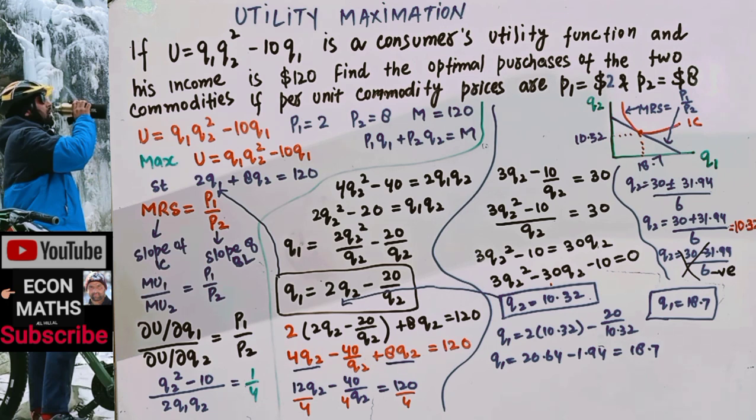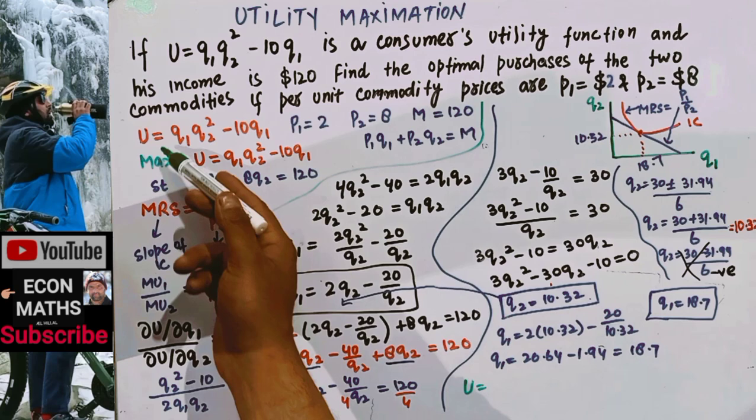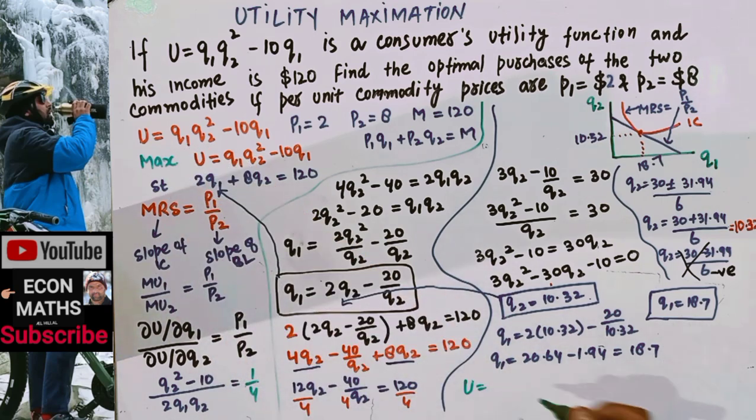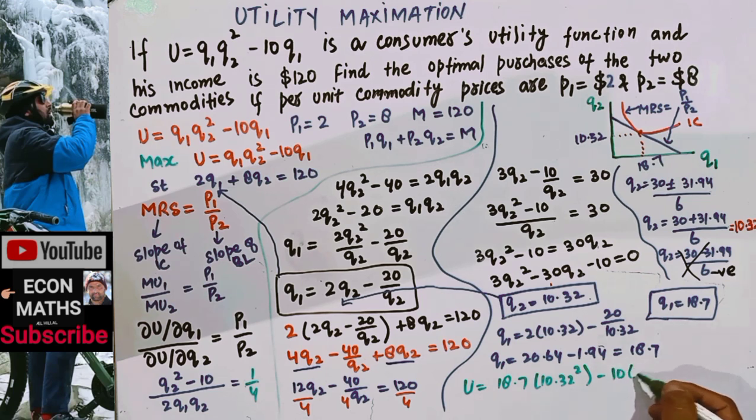Okay, and the total utility he will get, so our utility will be equal to, just plug the value of the optimal combination into the utility function. So in place of q1 we have 18.7, in place of q2 we have 10.32, square, minus 10 q1, in place of q1 we have 18.7, and it will come out to be 1804.6.